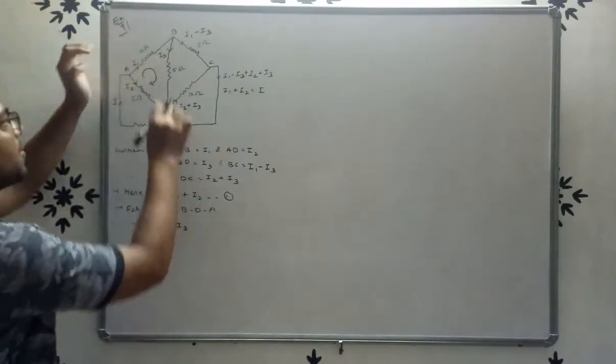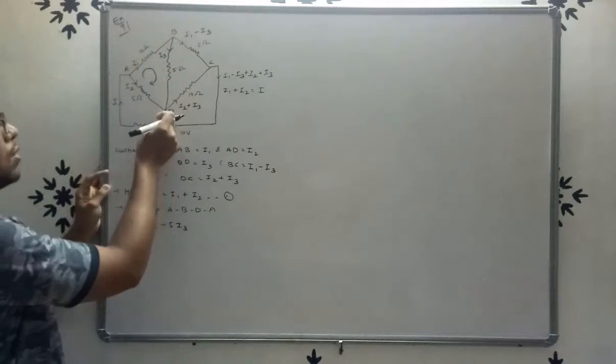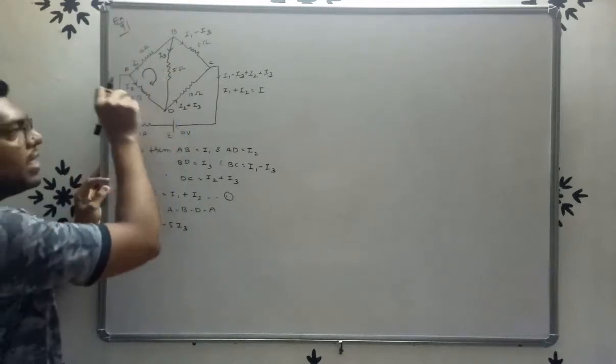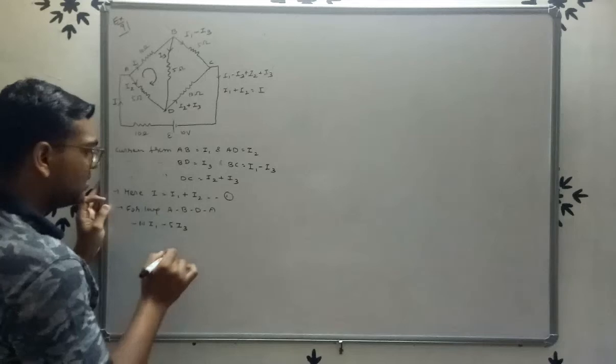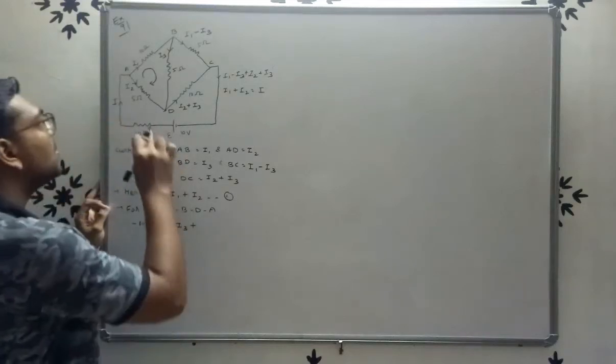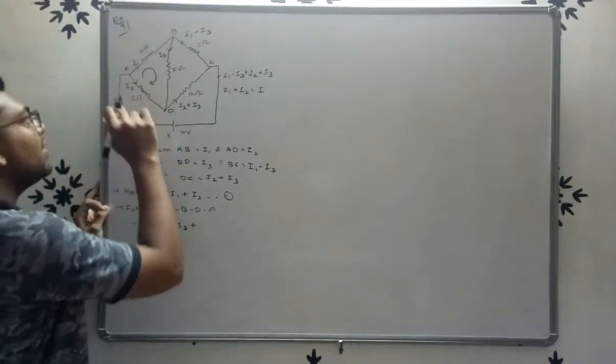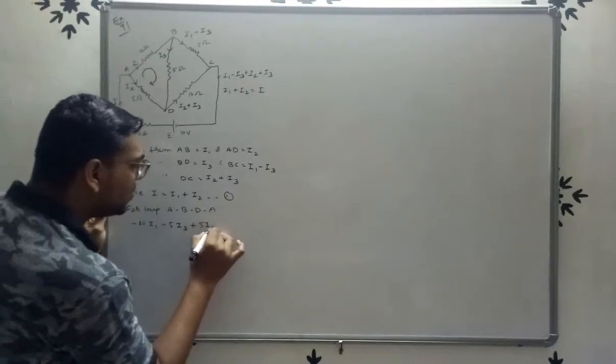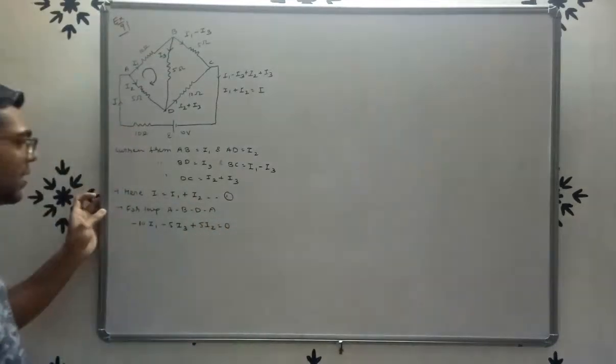Then D to A, we are going from D to A and current A to D, again opposite direction, so plus IR, so plus resistance will be 5 and current I2, so 5 I2 is equal to 0.